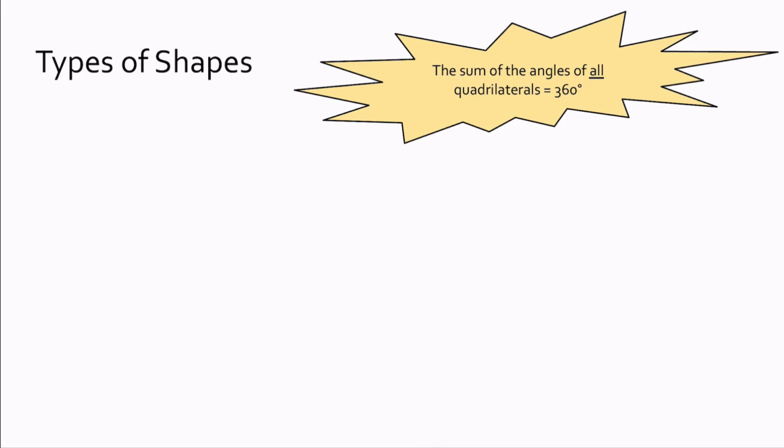Now remember when we were talking about triangles, we said the sum of the interior angles of every triangle is 180 degrees. Now when we get to quadrilaterals, it's 360, which is not going to be really relevant for our work this week, but it is a fun fact based on what we learned last week.